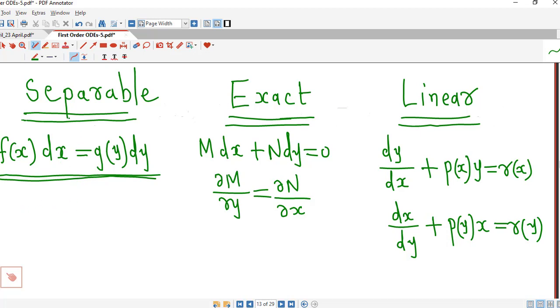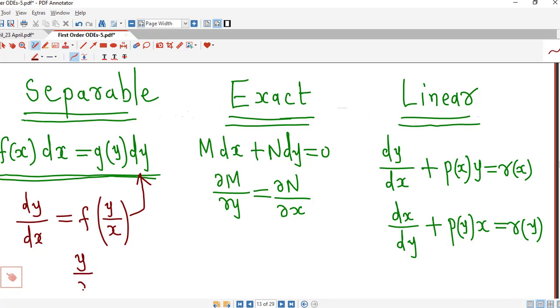If it is not separable, then we can think of its particular cases. We have seen that if our differential equation is in this form, dy by dx equal to a function of y by x, then it can always be converted into separable form by the substitution y by x equal to v.